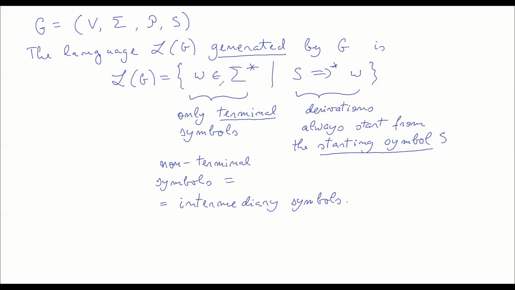I would also like to draw your attention to something else, and that is if you have a derivation. So if you have a grammar and a word from the language of this grammar, so a derivation for W could be something like this.